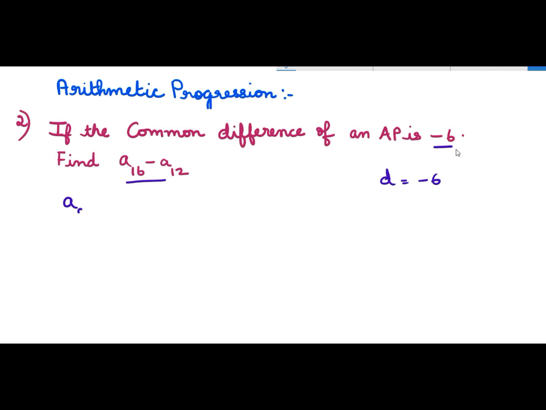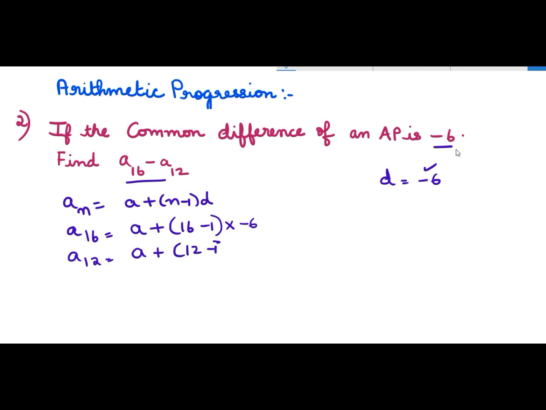So the general formula is an equal to a plus (n minus 1) into d. a16, how can I write? In the place of n, I have to put 16. So a plus (16 minus 1), d already they have given as minus 6, so into minus 6. And a12 is a plus (12 minus 1) into minus 6.